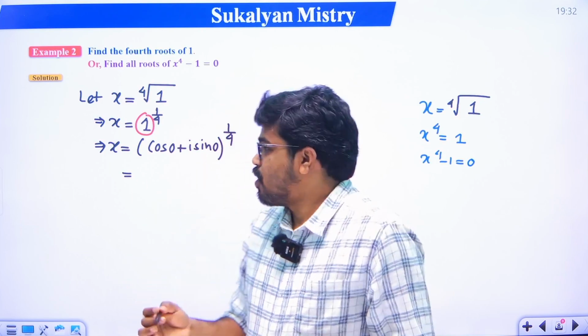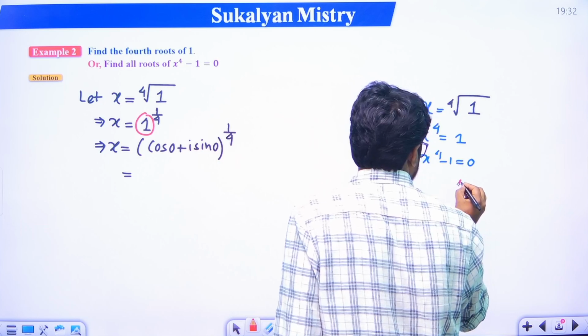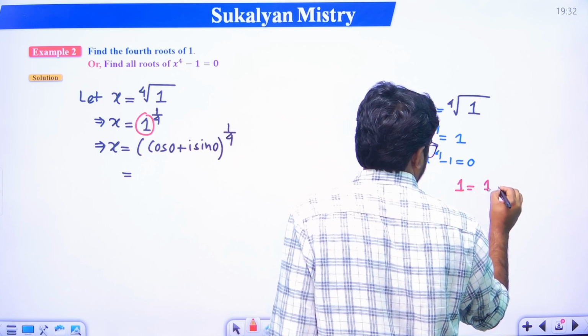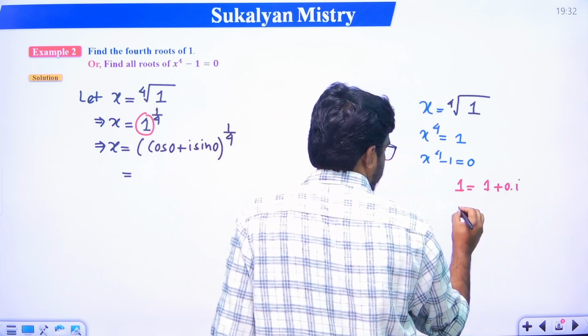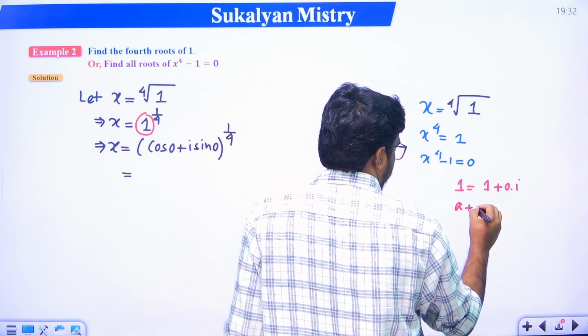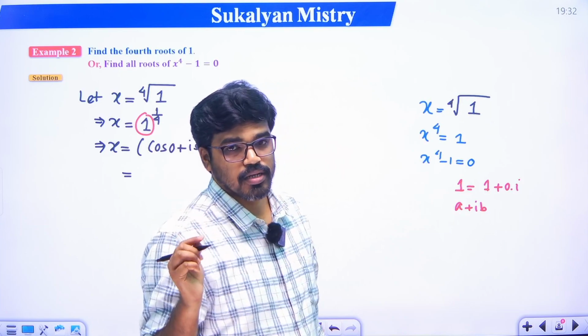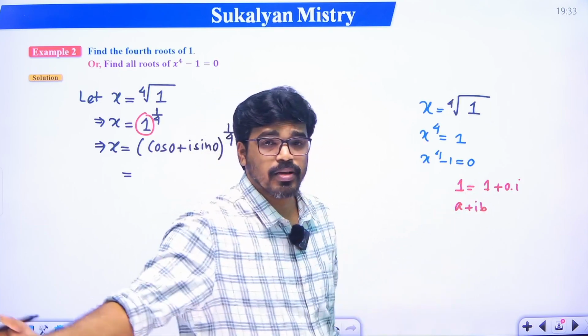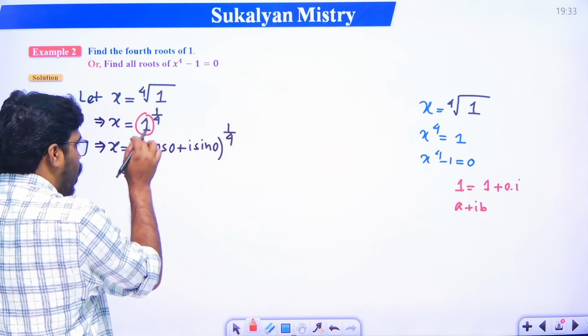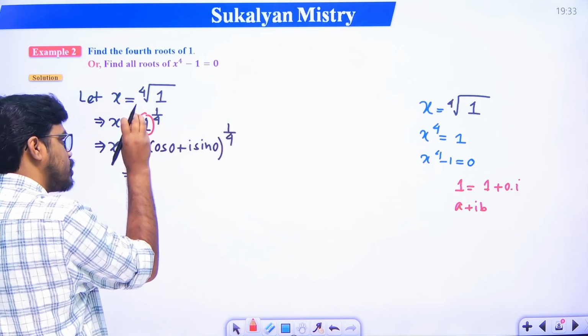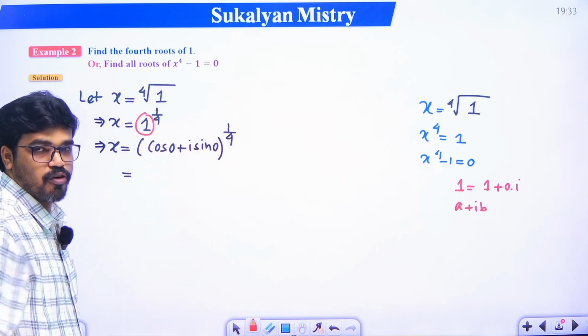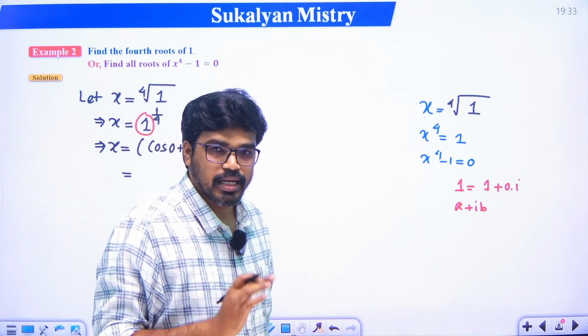So 1 can be written as 1 plus 0 into i. So first we have to convert the complex number to polar form. That is the first step, right?